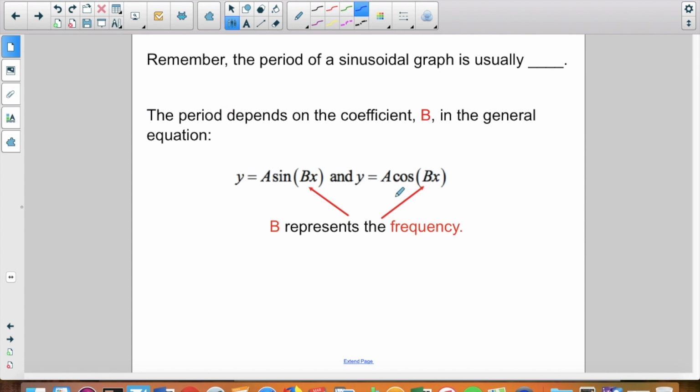Remember, the period of a sinusoidal graph is usually 2 pi. So that means the amount of time that it takes to complete one rotation is 2 pi. But the period depends on b in these equations. So if there is a number in front of x, that represents your frequency.